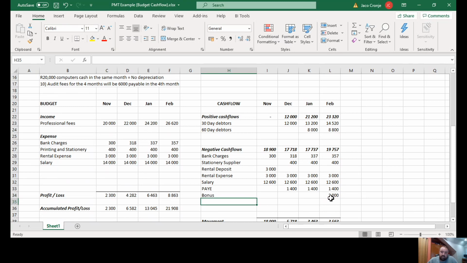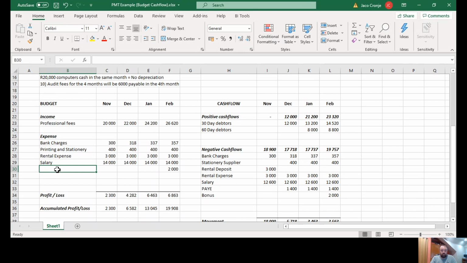But now when are we going to reflect that bonus in our income statement? The rule is we have to accrue for that bonus, because that employee doesn't receive that bonus only because he works in February. He receives that bonus because he worked hard in November, December and January.